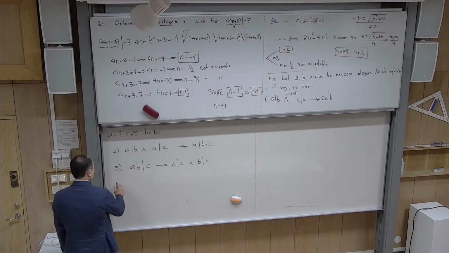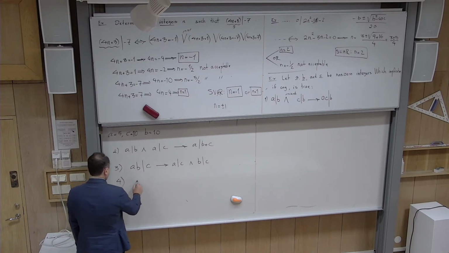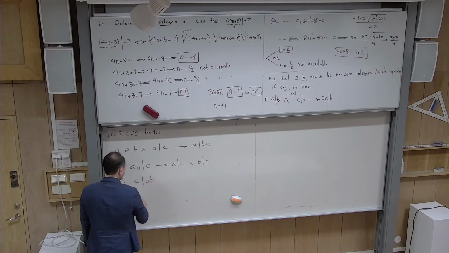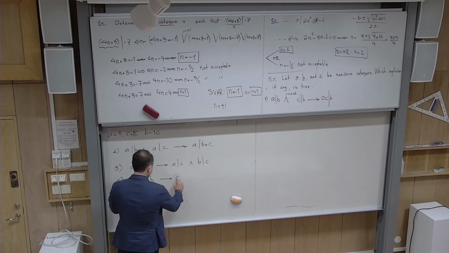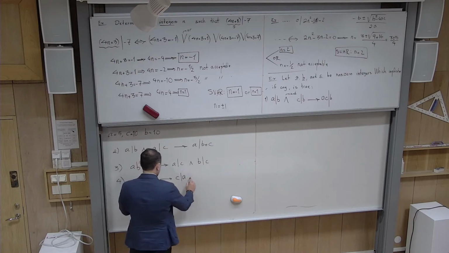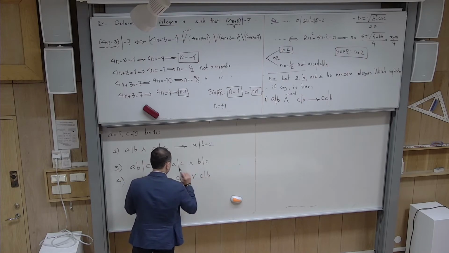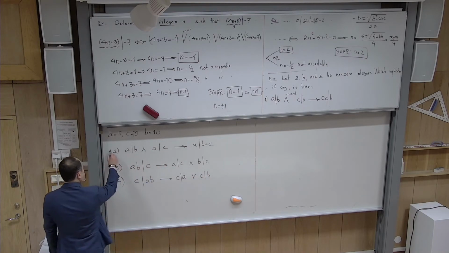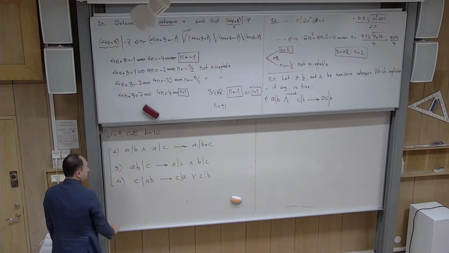And number 4, if you tell me C divides A times B, can I conclude that C divides A or C divides B?